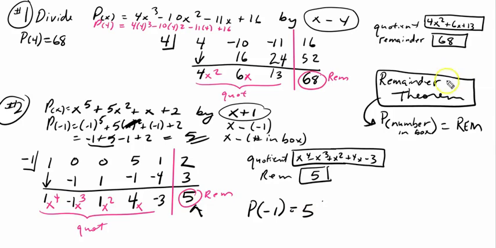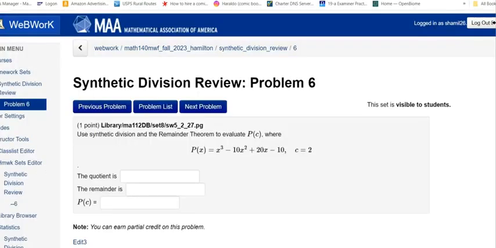So when you get to your web work, okay, here they want to know what is P evaluated at C, and C is equal to 2. They want you to find P evaluated at 2. Now remember, P evaluated at the number in the box is equal to the remainder.